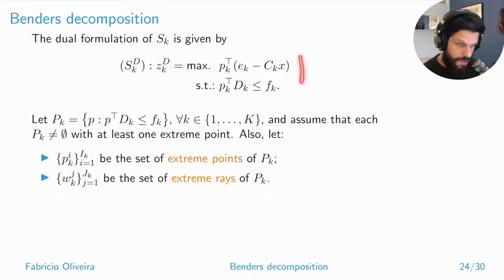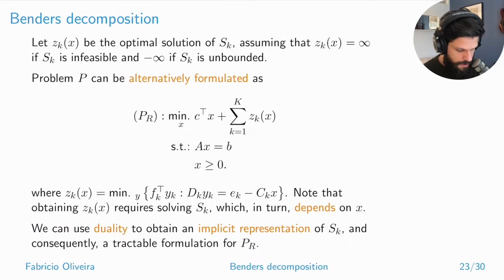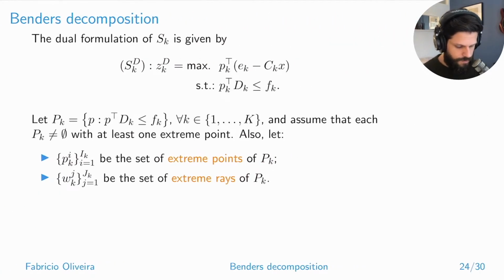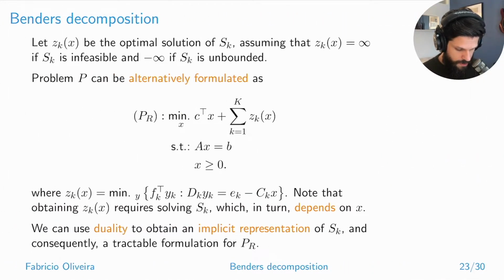And once again, I advise you to pause the video here, look at the formulation of the primal, which is in the previous slide, and see how that is indeed the actual dual for the subproblem. And you see that this is the new dual variable p. And once again, notice that x here is now in the objective function, while before it was part of the constraint set.